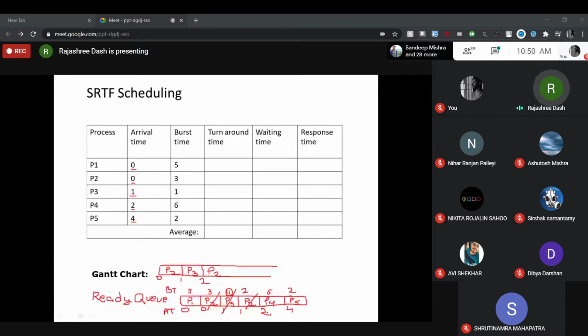By time 4, as the remaining burst time of P2 was 2, 2 plus 2, that means P2 has already completed its execution.